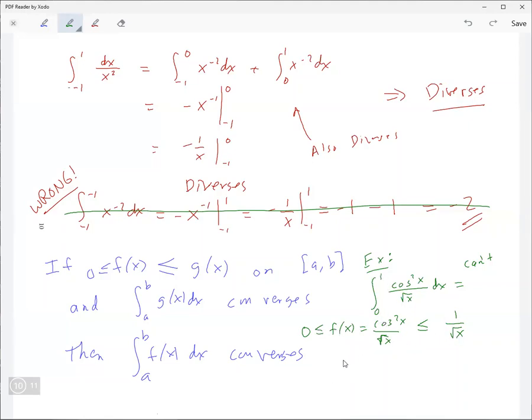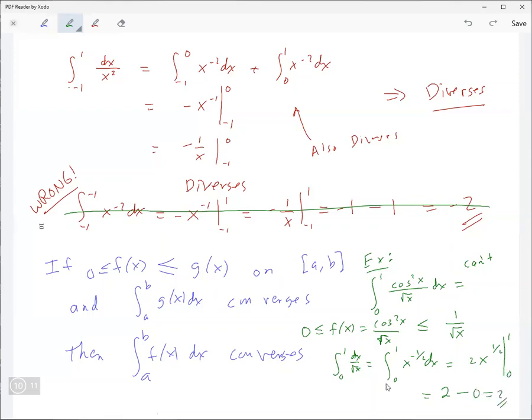It's less than or equal to this function right here, which is x to the minus 1/2, and you integrate that, you get 2x to the positive 1/2. Plug the limits of integration in: plug a 1 in here, you get 2 times the square root of 1, which is 2, minus, plug in the lower limit, you get 0.